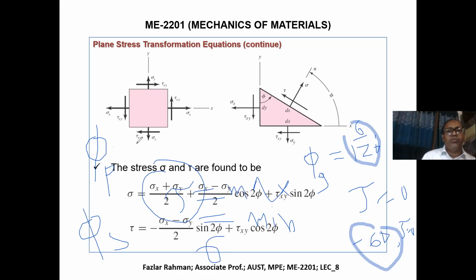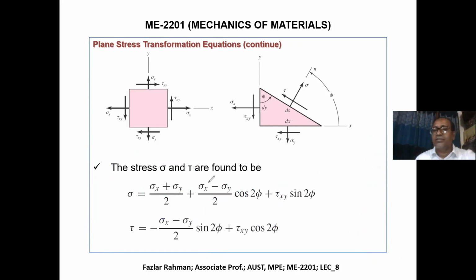So if you know this formula, phi s and phi p, then you can easily figure out the angle. You have the angle, then you put it right over here in these two equations, and you'll get phi and you'll get the value of tau. So we need to have a formula for phi s and phi p.